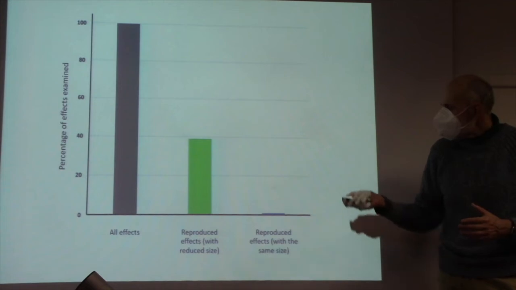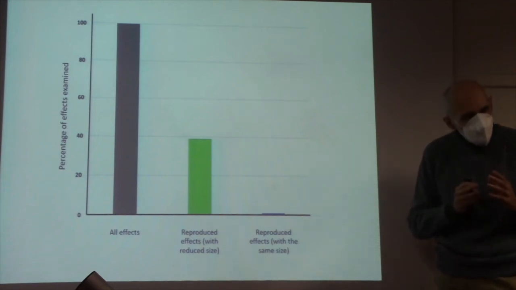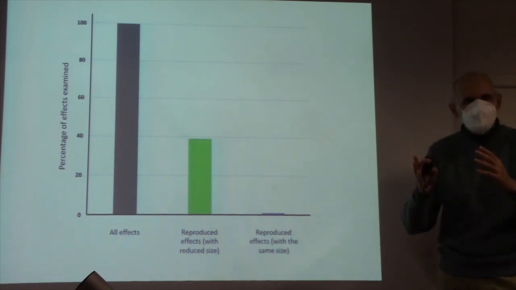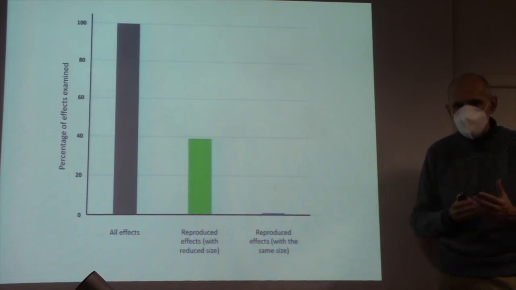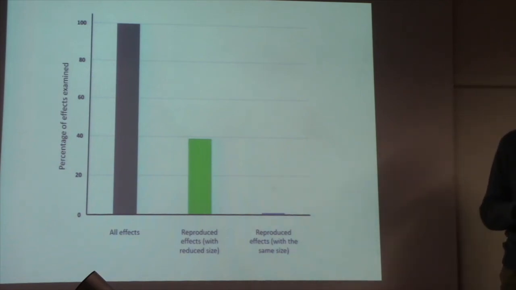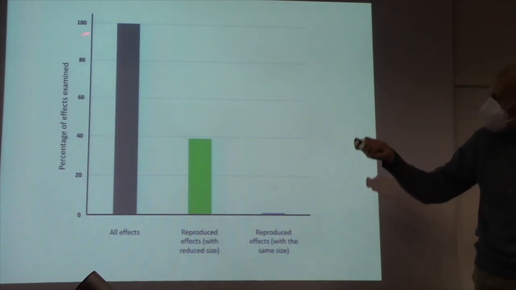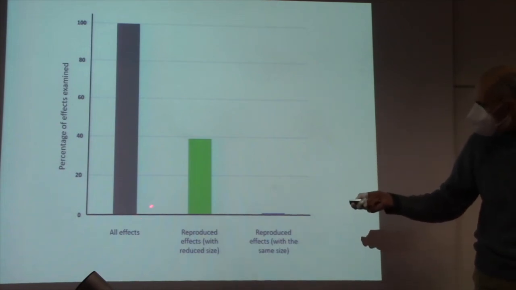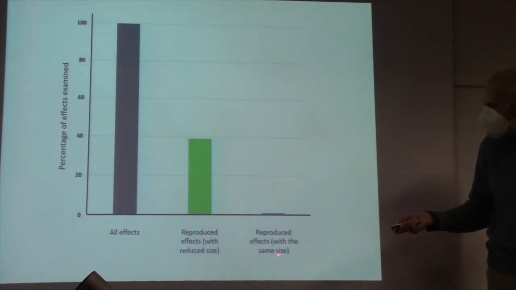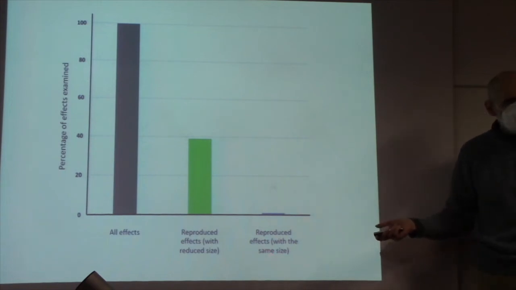So these authors went in the right direction, but exaggerated their results. Either willingly or unwillingly, they don't know, and don't care in this context. Among 100 effects, only one was reproduced with the same size as the original.